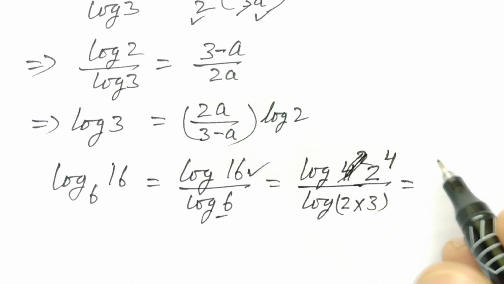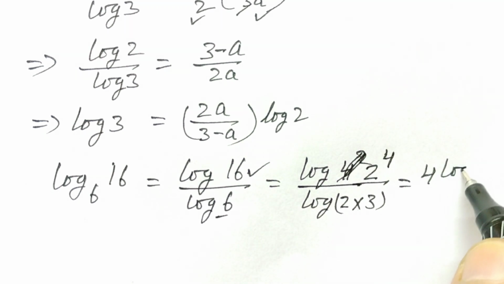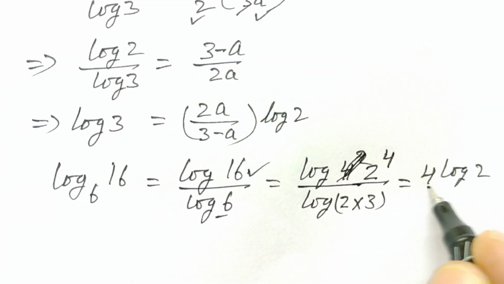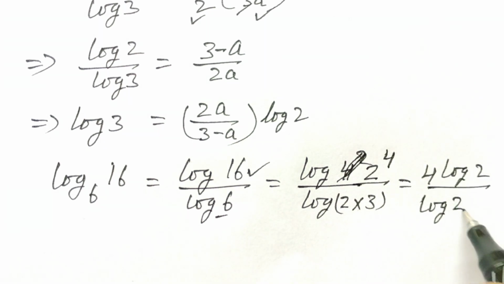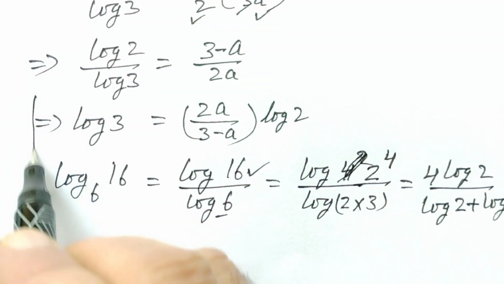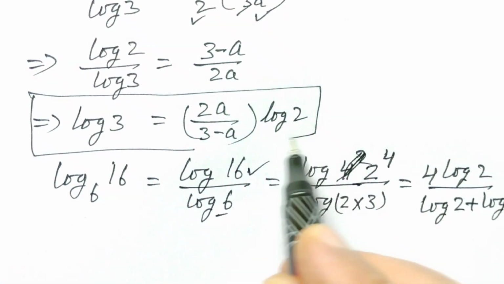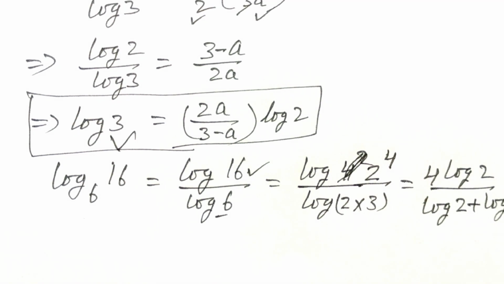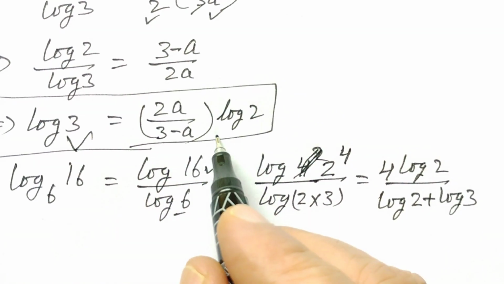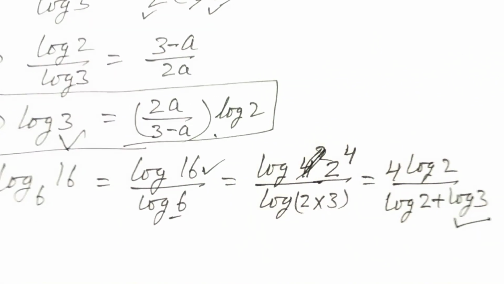So this will be 4 log of 2 over log of 2 plus log of 3. Please note this point. Log 3 is equal to this. Now we will put the value of log 3 here, right?